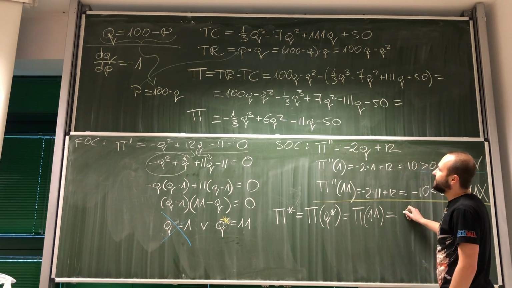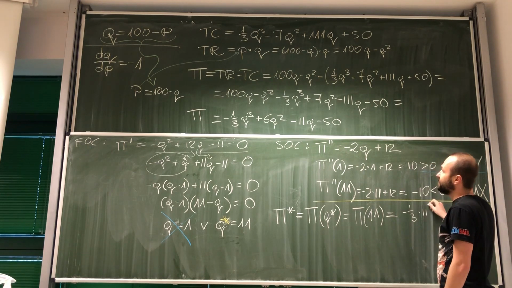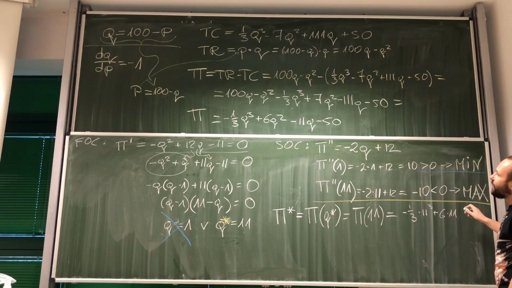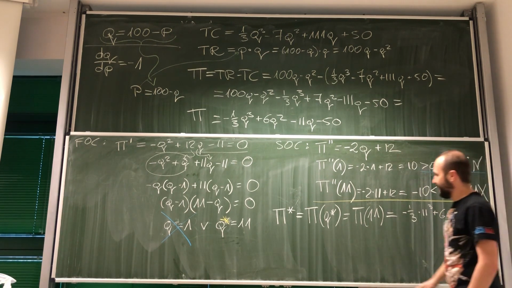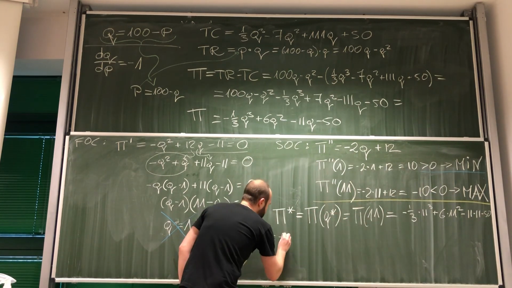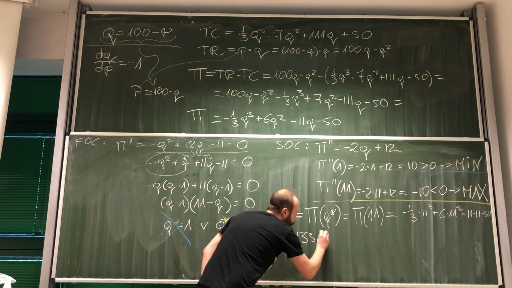So I'm getting that this is negative 1/3 times 11 to the power of 3 plus 6 times 11 to the power of 2 minus 11 times 11 minus 50. Okay, so what am I getting out of this? I'm getting negative 1/3 times 1,331.